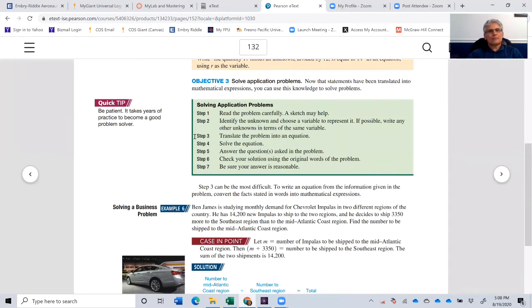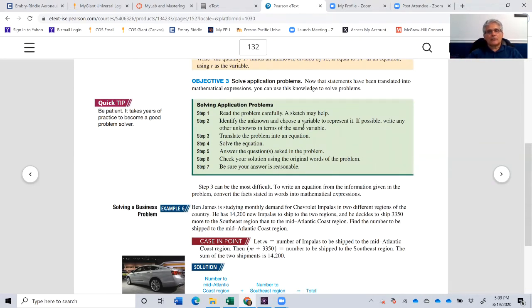Okay, so there are the steps here highlighted for you to solve application problems. What you need to do is read the problem carefully. A sketch may help. Sometimes by drawing things out, just to see where things are at, it makes it helpful for you to try to solve the problem.